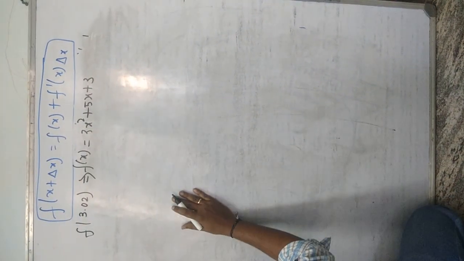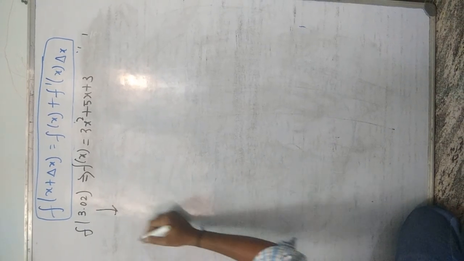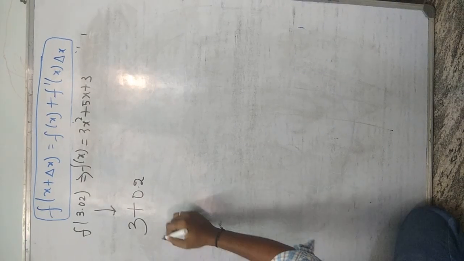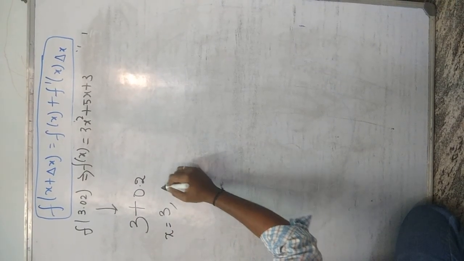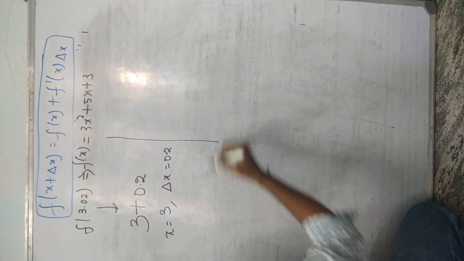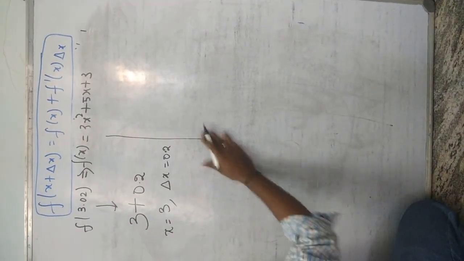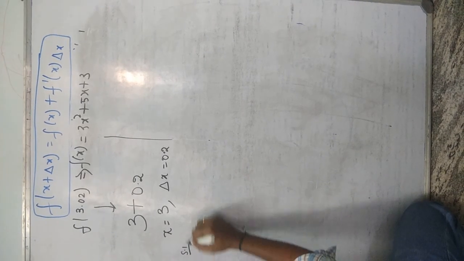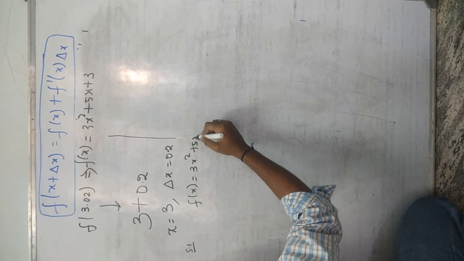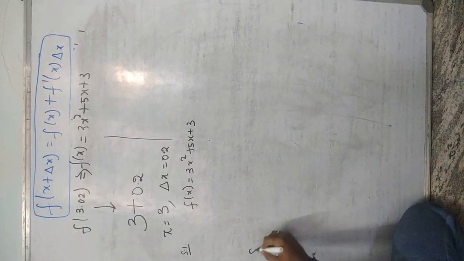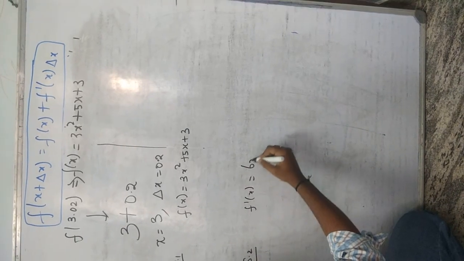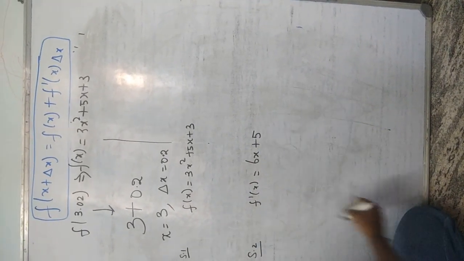Same formula. First, 3.02 can be written as 3 plus 0.02. So x equal to 3, delta x equal to 0.02. F of x is ready. So I'll write one more time. Step number 1, f of x equal to 3x square plus 5x plus 3. Step number 2, f dash of x, differentiate one time, 6x plus 5.